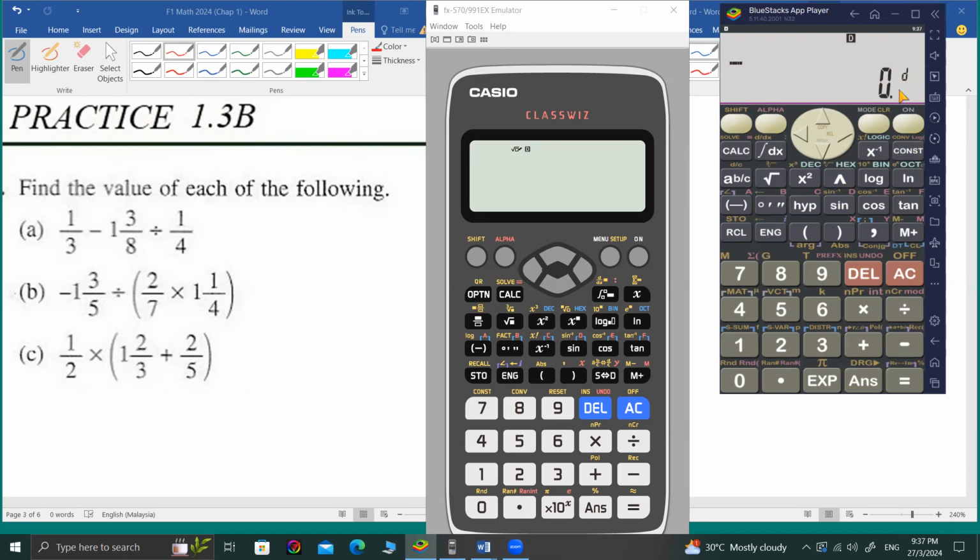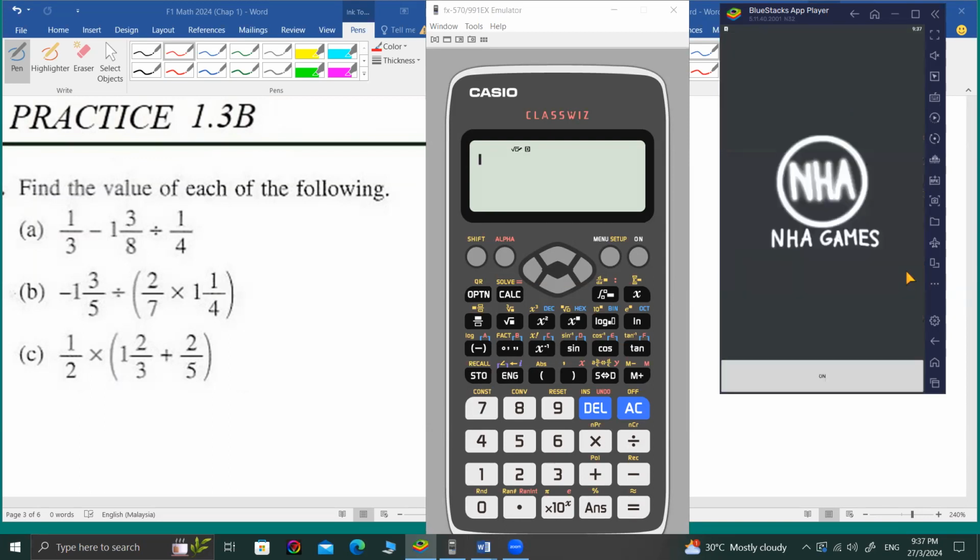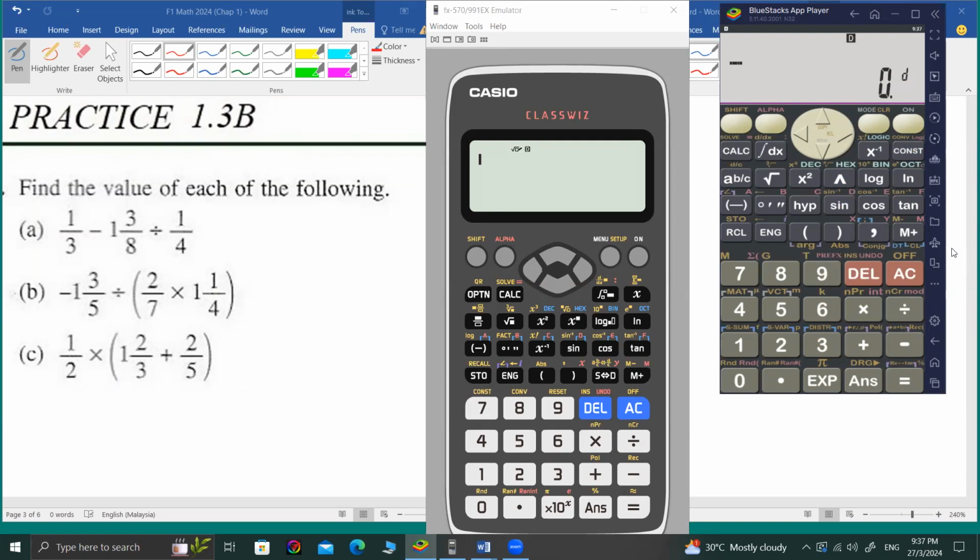So you go shift, wait, sorry, wait. This is another one. Right? So you go shift, mode. Can you see all?